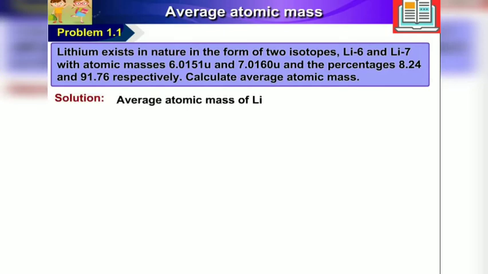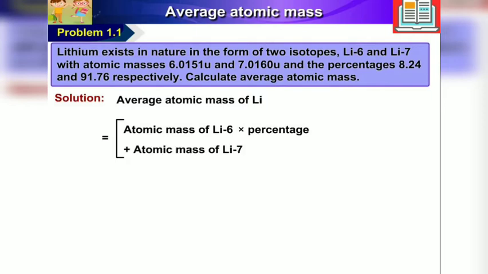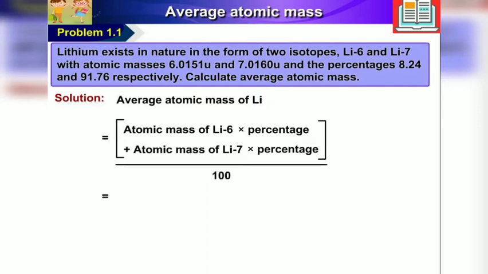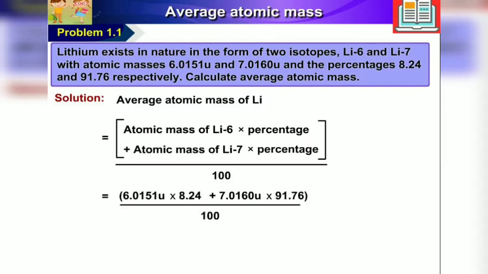Average atomic mass of Li is equal to atomic mass of Li6 multiplied by percentage, plus atomic mass of Li7 multiplied by percentage, upon 100, equal to 6.0151 u multiplied by 8.24, plus 7.0160 u multiplied by 91.76, upon 100, equal to 6.934 u.